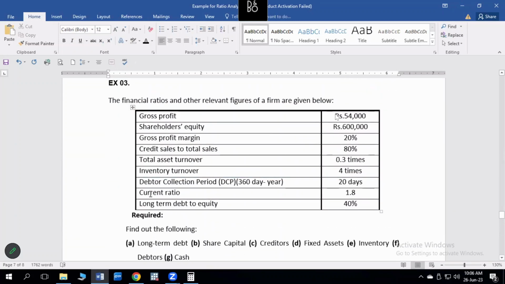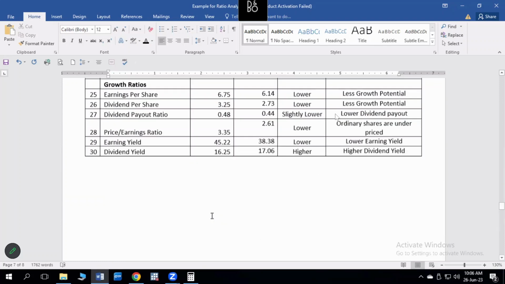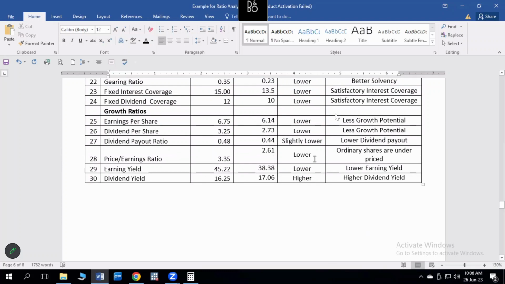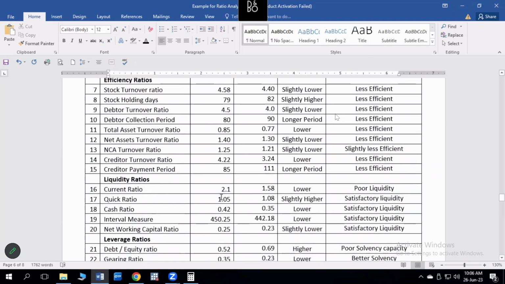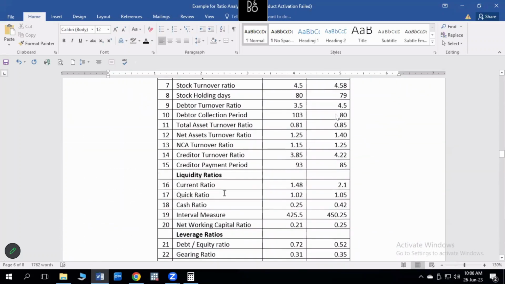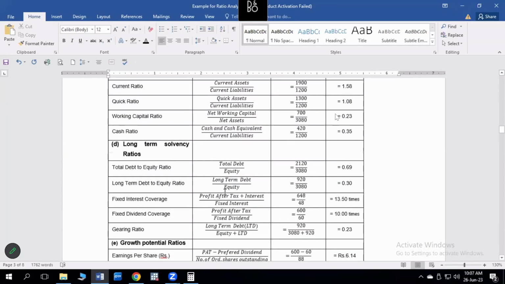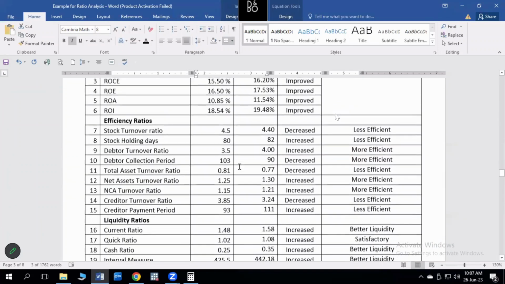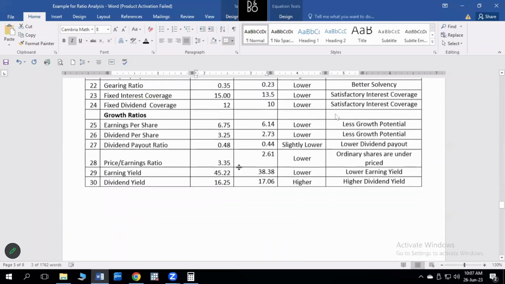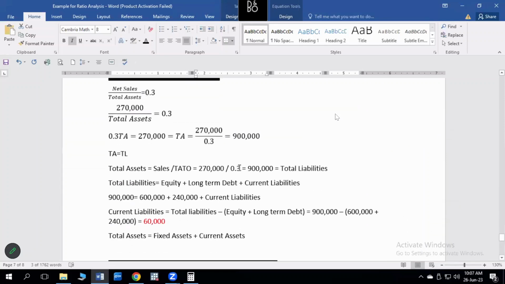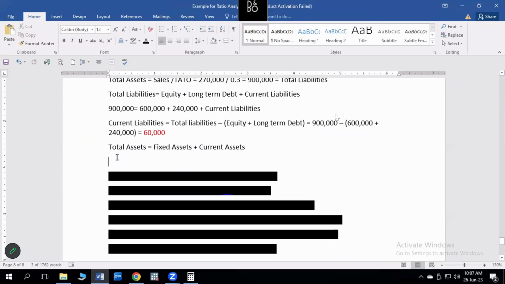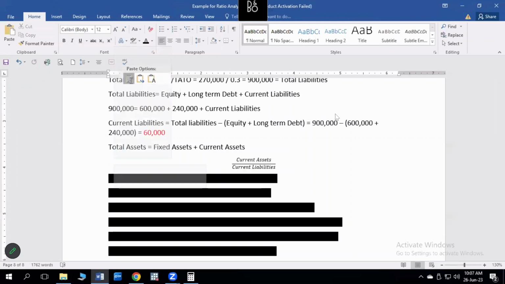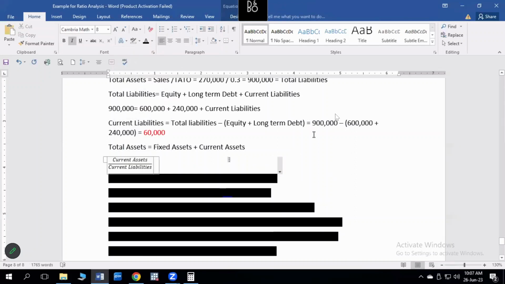Current ratio is given here, 1.83. So you take this ratio: current assets over current liability.